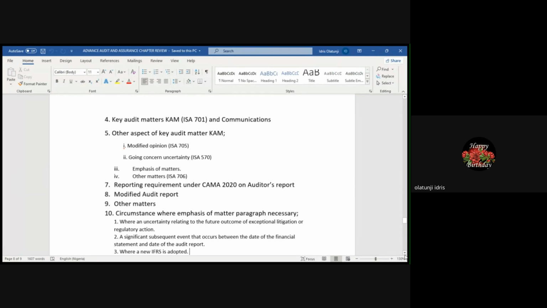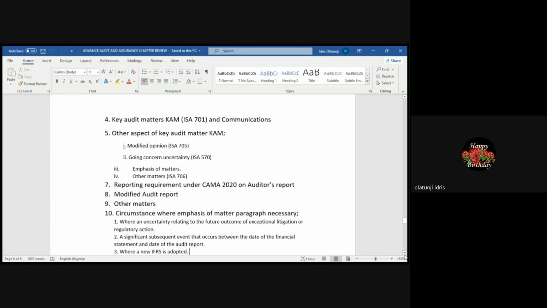So in that situation, if we see something like that, we need to report it as key audit matter, which is ISA 701. So that's all about key audit matter. Then others. Example of key audit matter, I think I've been saying it here in this class. Examples of key audit matter might be poor revenue recognition, poor asset valuation, then poor impairment of assets, or poor inventory valuation.